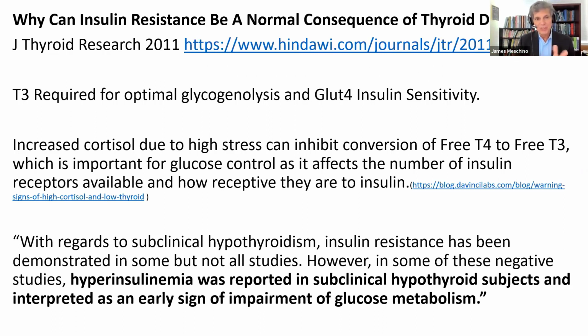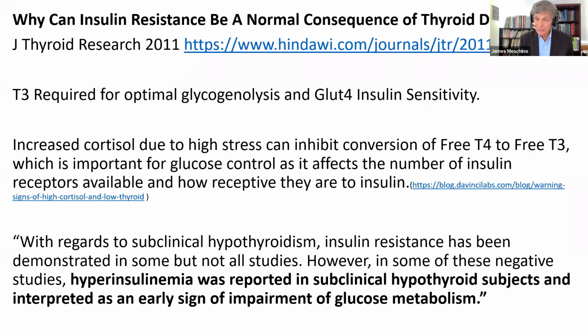So increased cortisol levels due to high stress can inhibit the conversion of T4 to T3, which is important for glucose control as it affects the number of insulin receptors available and how the receptors actually respond to insulin. With regards to subclinical hypothyroidism, insulin resistance has been demonstrated in some but not all studies. However, in some of these negative studies, hyperinsulinemia was reported in subclinical hypothyroid subjects and interpreted as an early sign of impaired glucose metabolism.